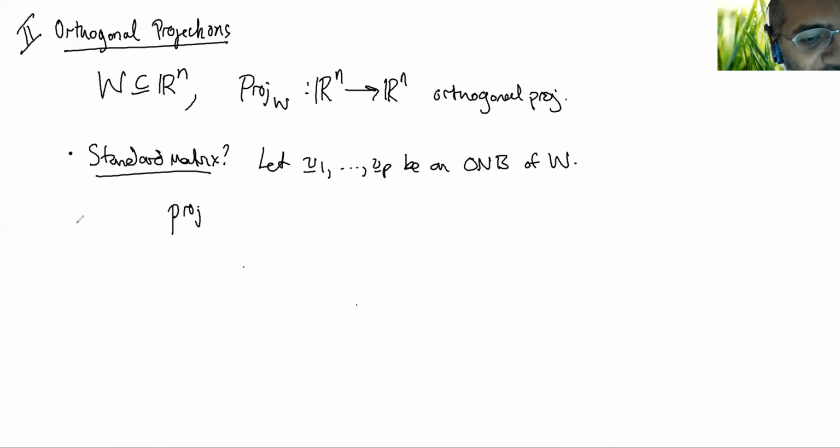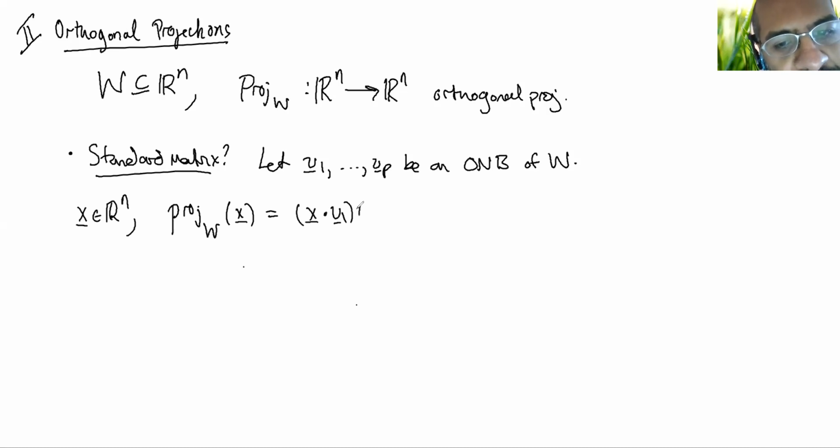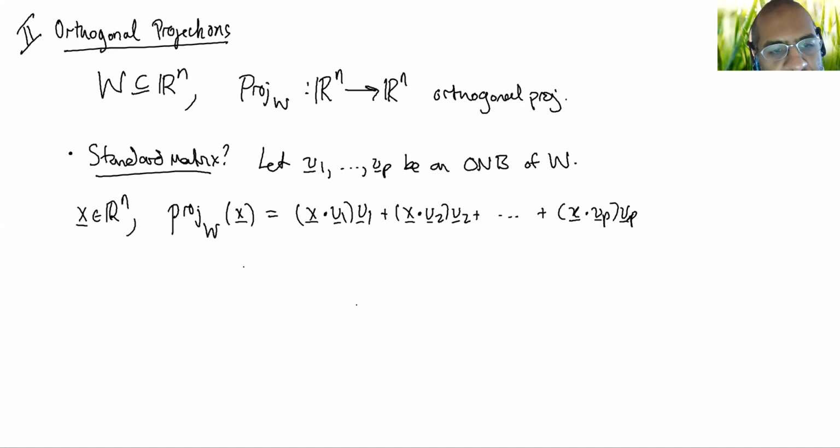For any vector x in R^n, the projection onto W of x is (x dot u1) times u1 plus (x dot u2) times u2, all the way up to (x dot up) times up. We have this formula, we derived it earlier, right?